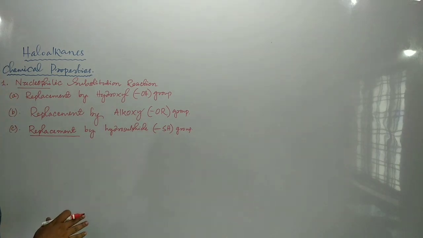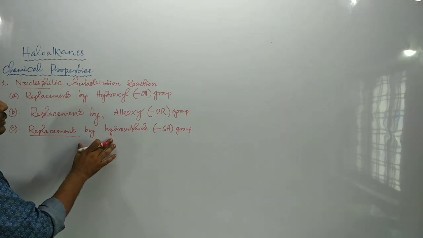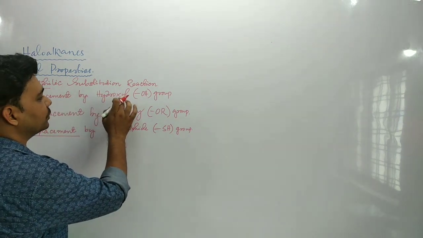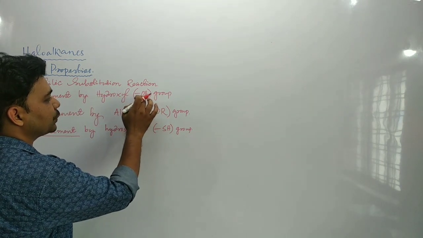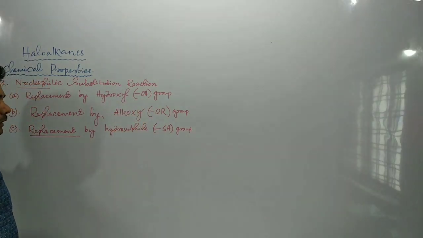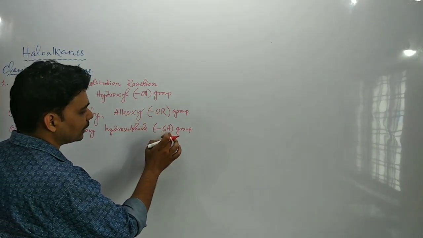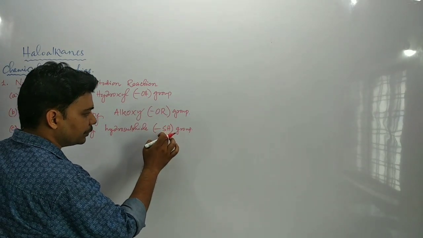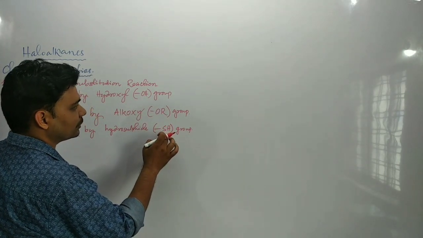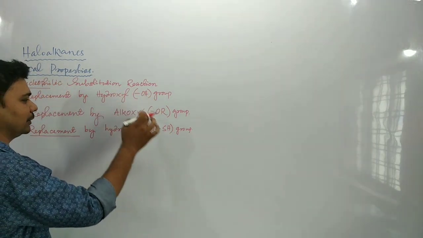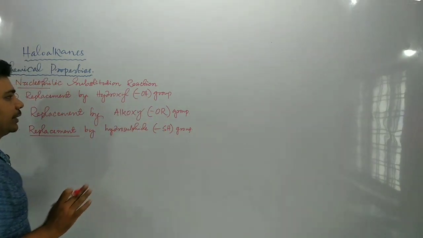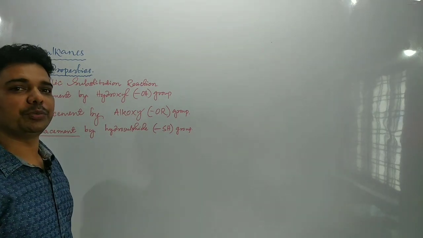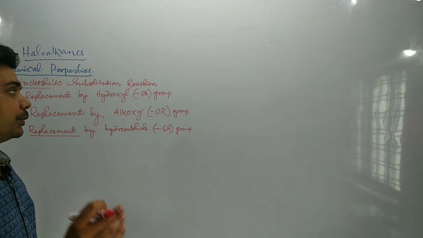This reaction is quite similar to the first reaction, replacement by hydroxyl group. In hydroxyl group, OH, oxygen and hydrogen are there. In hydrosulfide, sulfur and hydrogen are there. So in place of oxygen, we need to think sulfur. OH is hydroxyl, whereas SH is hydrosulfide. Now you can imagine what our nucleophilic substituted product would be.